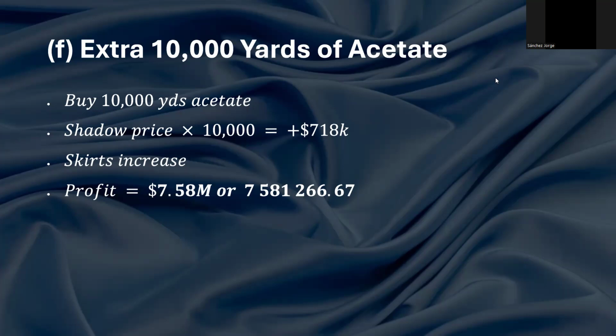As we can see here, the shadow price of the acetate, $71.83, multiplies by the 10,000 yards that we are buying. So if we multiply that value, it gives us $718,000, or 718K.